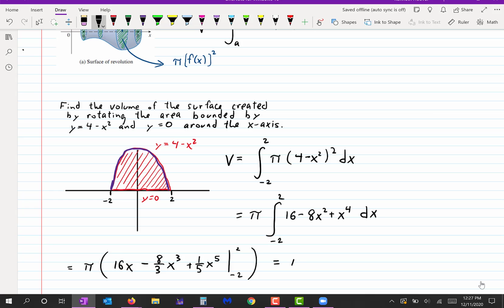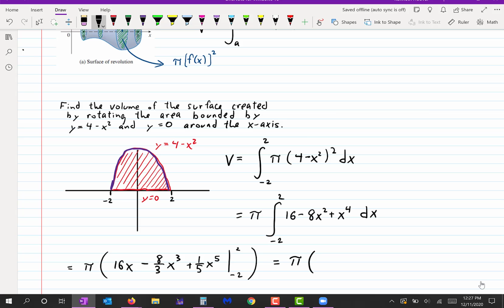So that will be pi times, now let's just plug in 2, and this is calculator work here, so I'm just going to do this on my computer and tell you what we get.